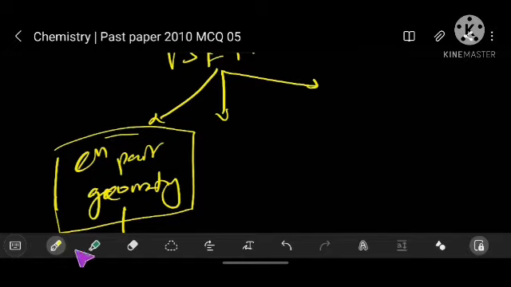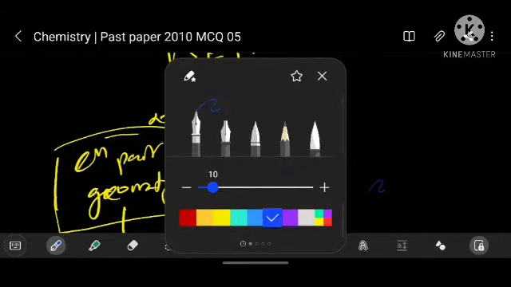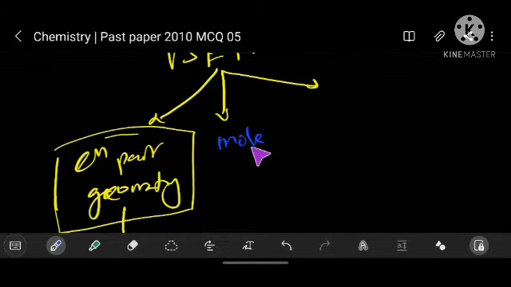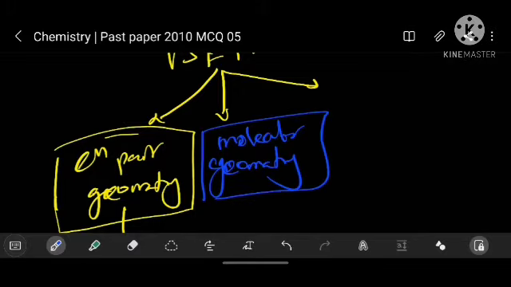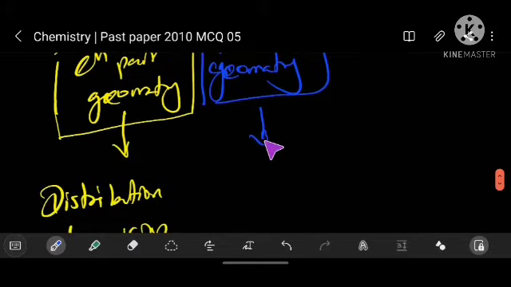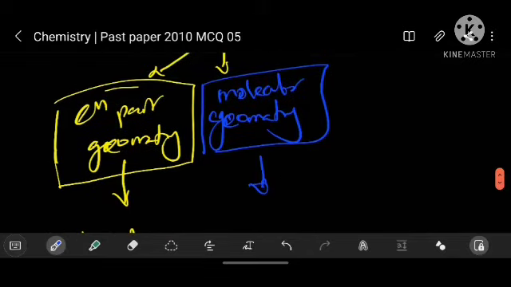The second thing we have here is the molecular geometry, also known as the molecular structure. This is the three-dimensional arrangement of atoms in a molecule. Understanding the molecular structure of a compound can help determine the polarity, reactivity, phase of matter, color, and magnetism as well.